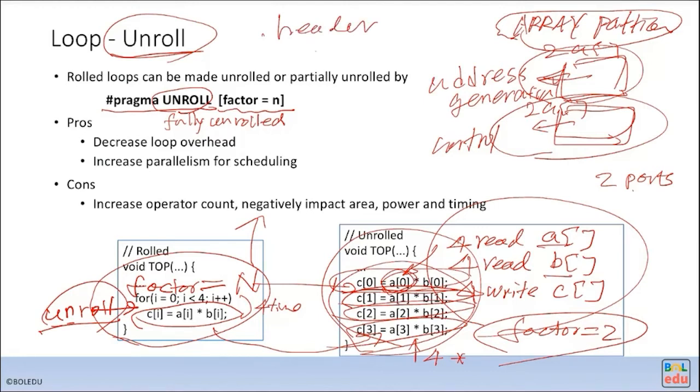Then you change N, for example, equal to 2 or equal to 4, and you generate all different parallelism of the same design using the same source code. So try to avoid restructuring your code, because the pragma can do that for you.